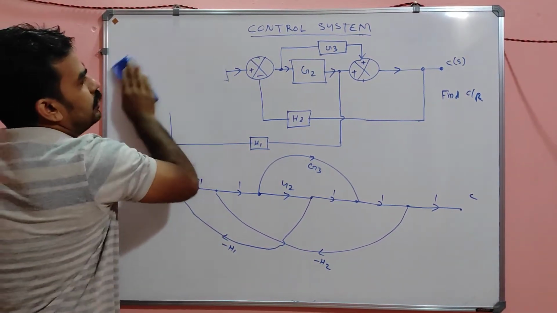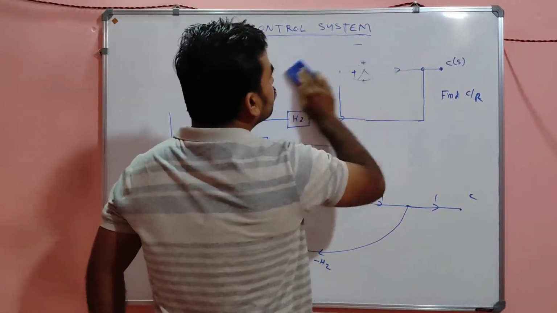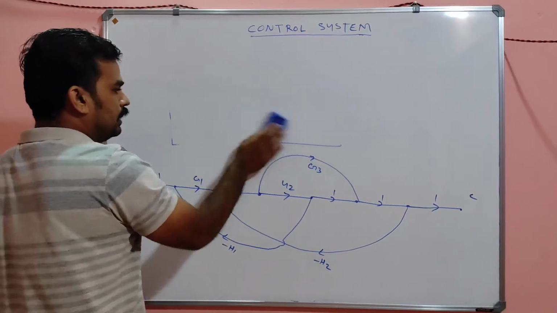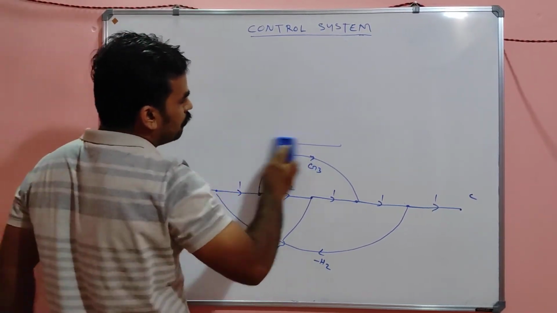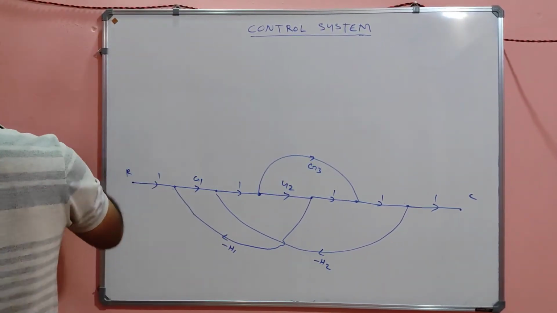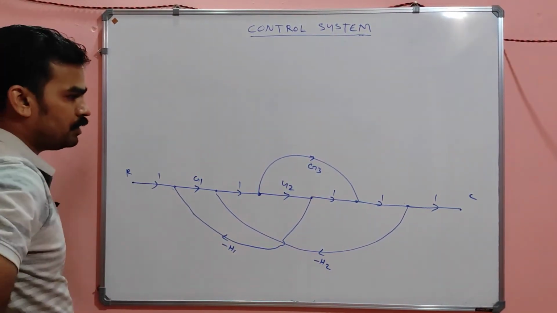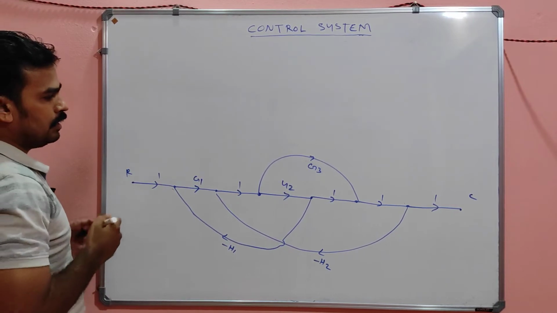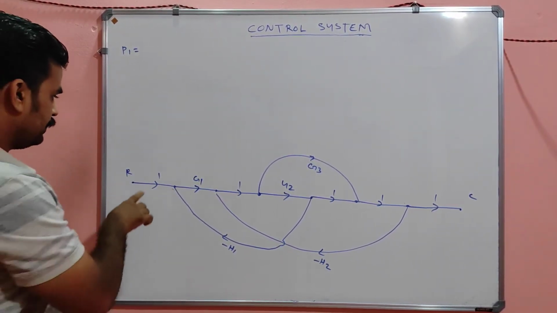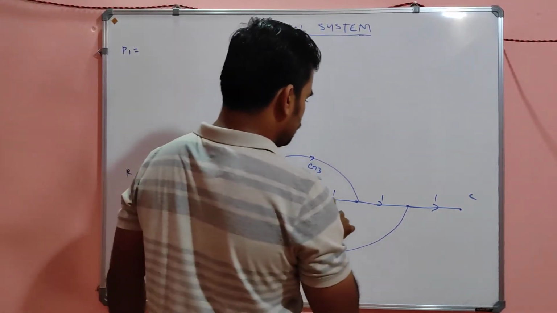So we have to find the C by R ratio from here. That means if the question is in block diagram form, don't worry, convert it into a signal flow graph and find the C by R ratio, that's all. So what will be the number of loops there? P1, the forward path, will be the single one big line, right?